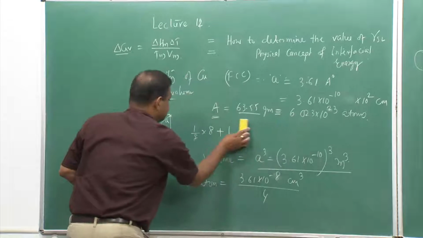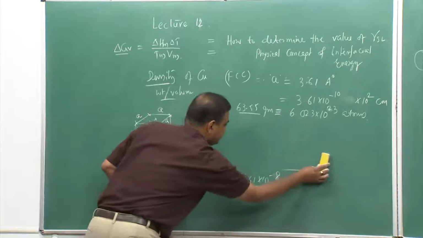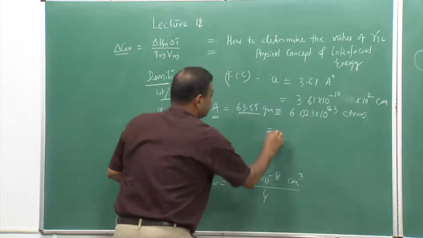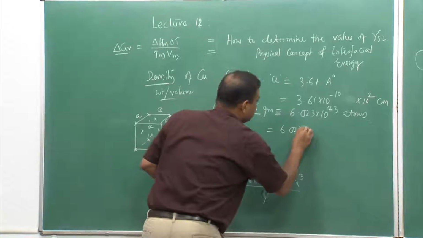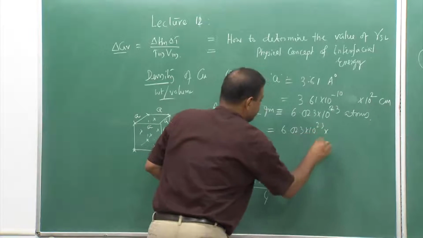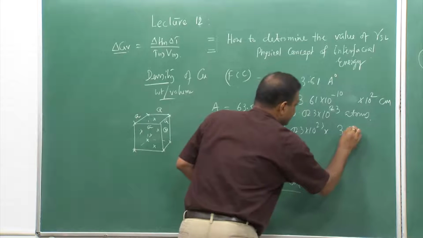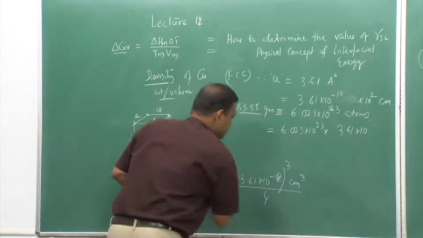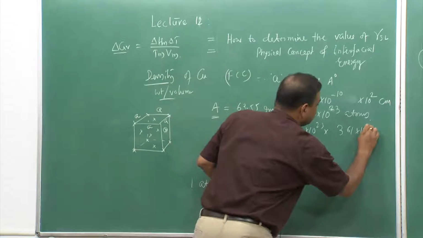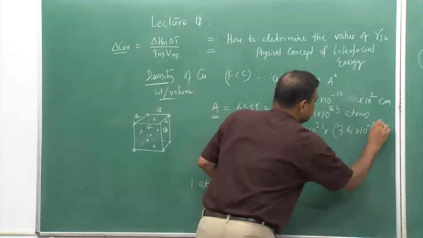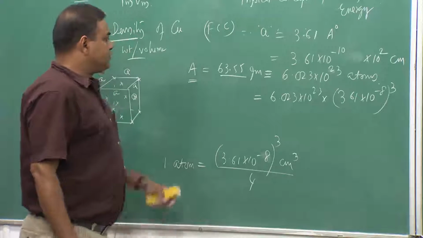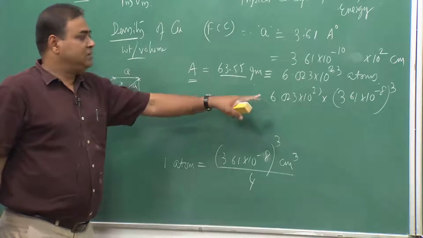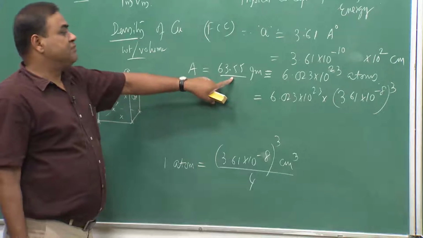So, I just replace this volume of 1 atom: 6.023 × 10^23 into (3.61 × 10^-8)^3. So, this much would be the volume, which is equivalent to 63.55 gram.